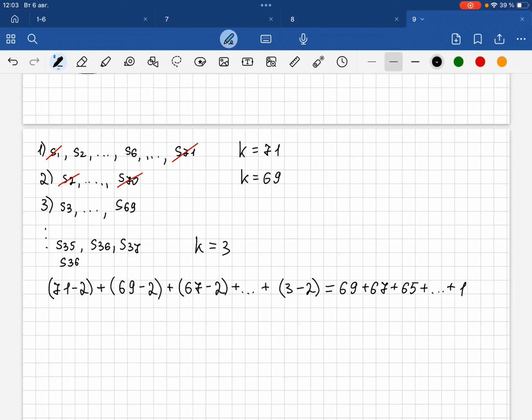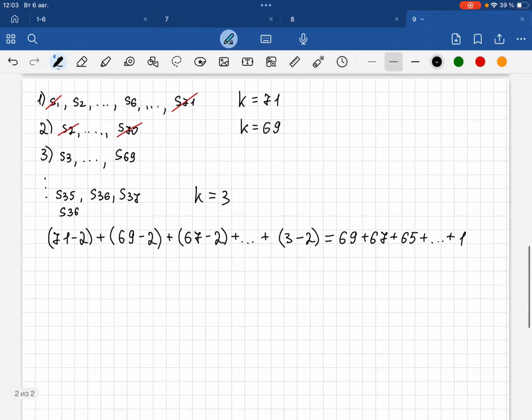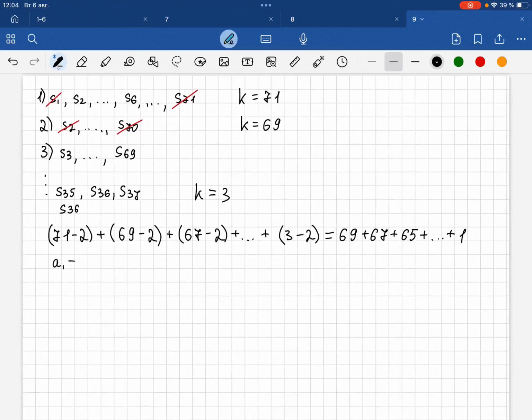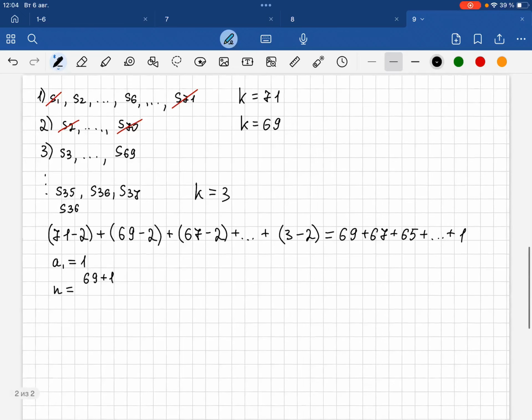And that is an arithmetic progression. So the initial term here, a1, is equal to 1. We have n terms, where n is equal to 69 plus 1, divided by 2.